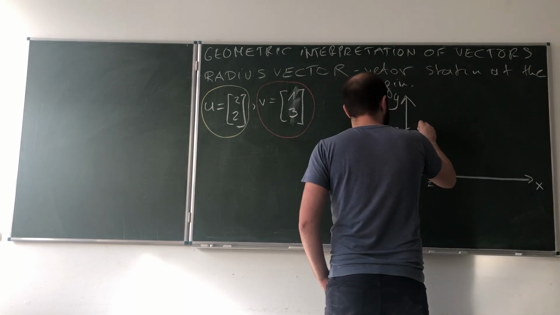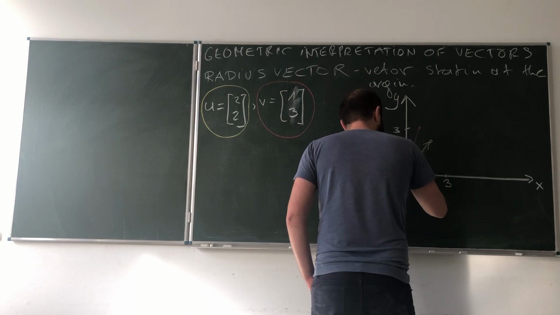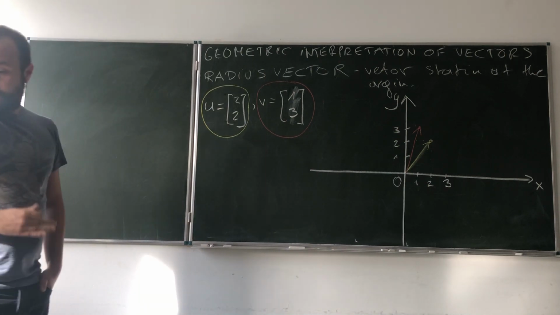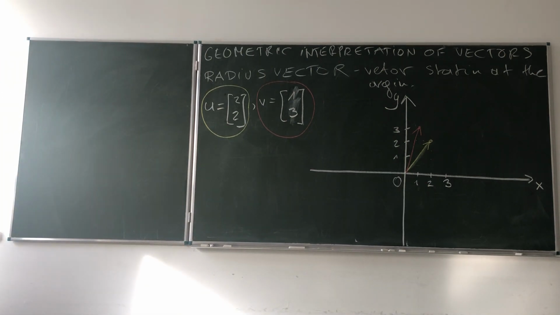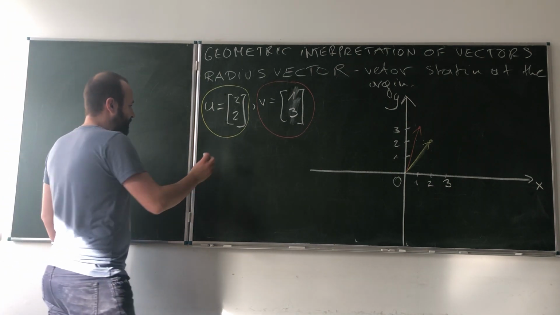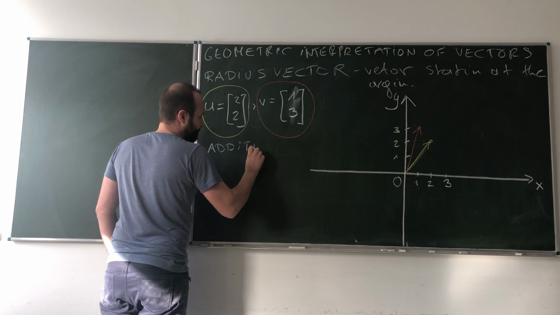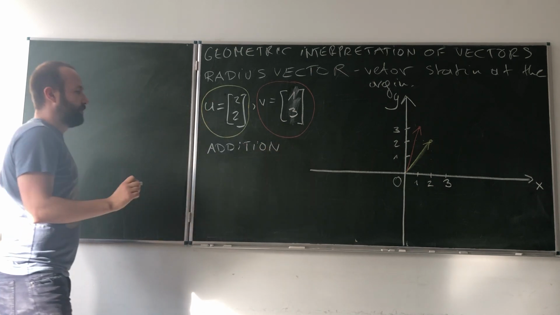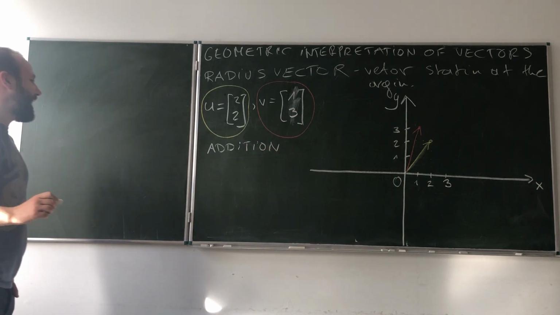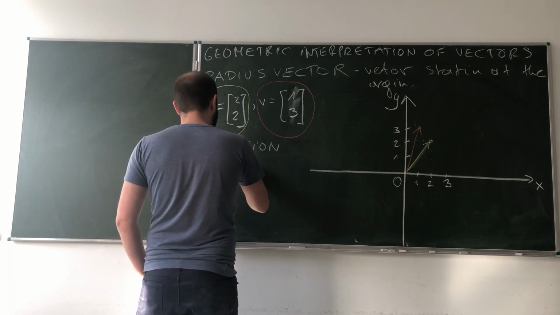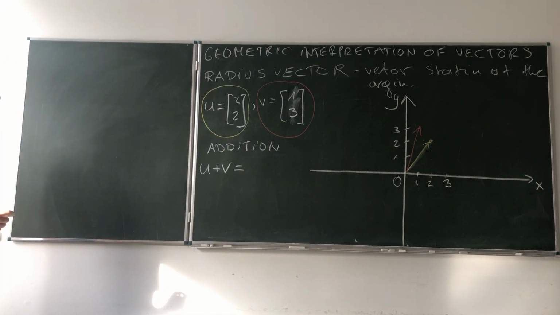So again, okay. Now that we've got these vectors, we can perform different operations on them. So let's start with addition. So what I want to do now is to add vector u to vector v, and I'm going to see what happens.